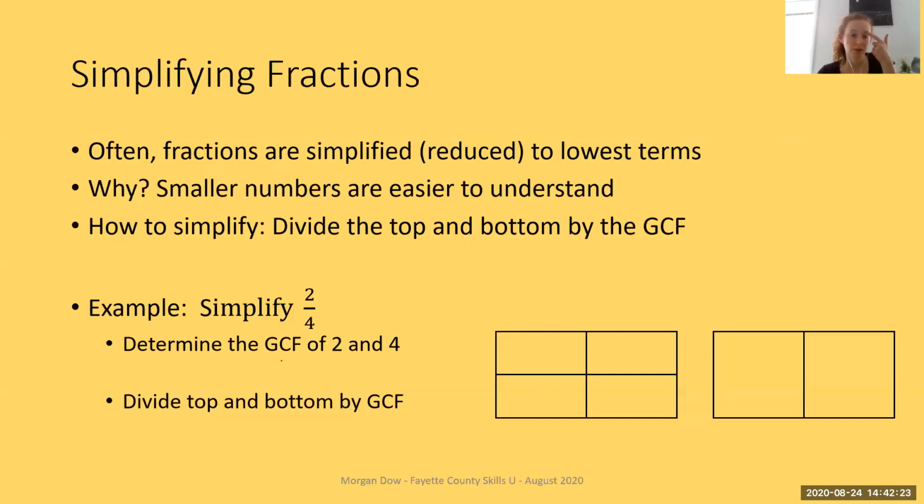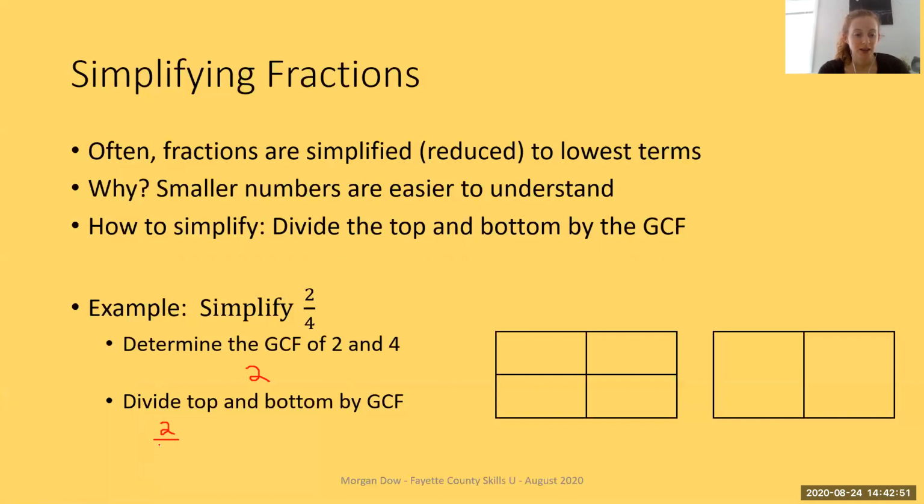So let's look at the example at the bottom here. It says simplify 2/4, or 2 out of 4. So first thing we'll do is determine the GCF of 2 and 4. The greatest common factor of 2 and 4 is 2. You got it. Greatest common factor is 2. So I'm going to take my fraction.